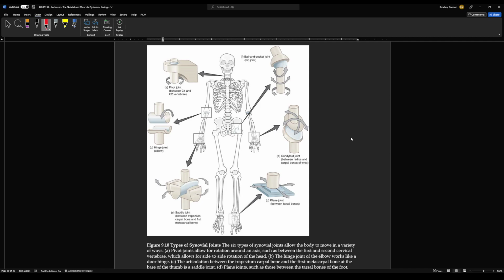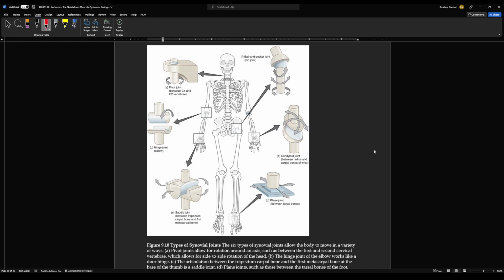But another big important type to mention is the saddle joint. That's what allows us to perform the action of opposition of our thumb, right? And that gives us a big edge over many other animals for the ability to do things like write and easily grasp things. And then the last type to mention here is plane joints. Sometimes these are referred to as gliding joints.